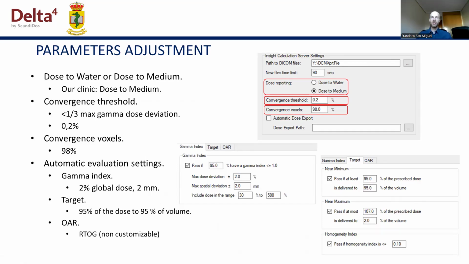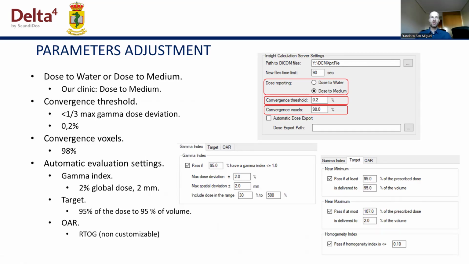On the other hand, it is possible to customize the automatic evaluation parameters. In this tab, we can define the gamma criteria parameters, including the percentage of points meeting the criteria, the maximum dose deviation, the spatial deviation, and the dose range.